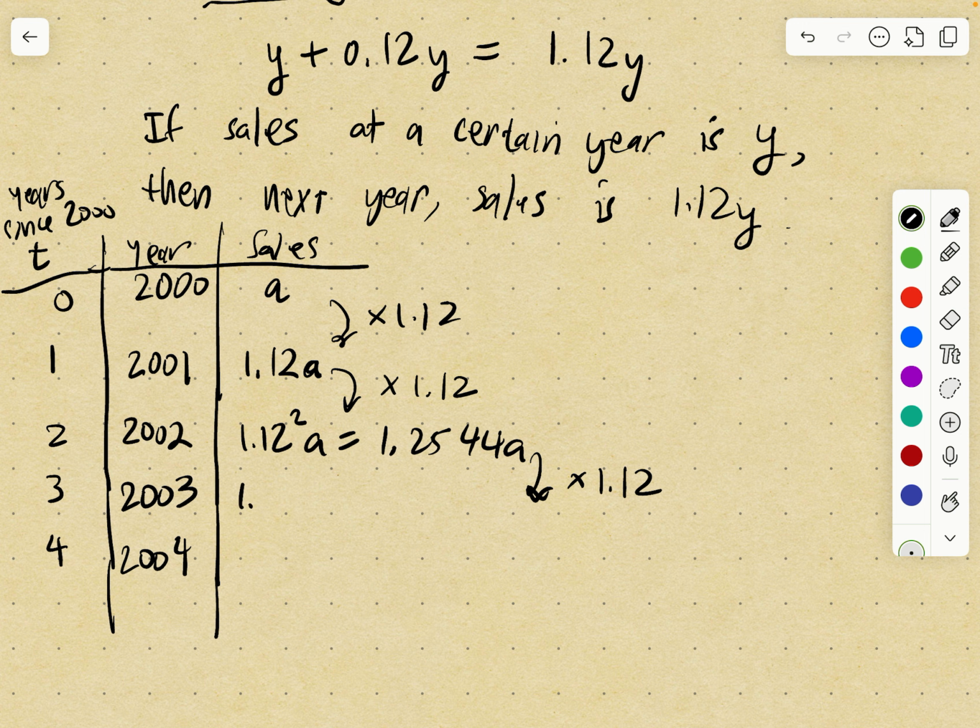It's easier to, instead of actually writing out what you get, just write it as 1.12 cubed, because 1.12 squared times 1.12 is 1.12 cubed. So you have 1.12 cubed times A. And that's as simplified as you can make it without actually calculating 1.12 cubed. And then when t is 4, you multiply by 1.12 again, so you get 1.12 to the 4th power times A.